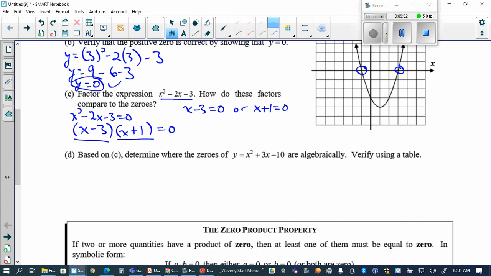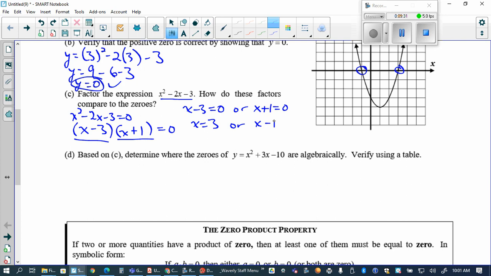These are pretty easy to solve, aren't they? So over here, what does x equal? You add 3 to both sides, right? So x, do I have to do plus 3 anymore? X equals 3. Or x equals what? That'd be -1. Subtract 1 from both sides, right?